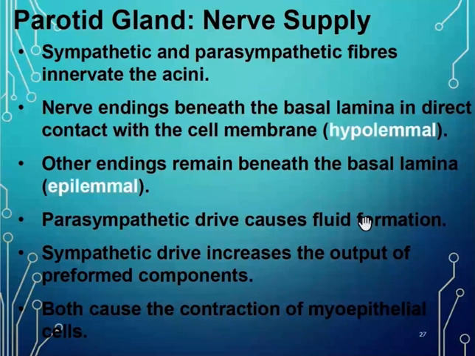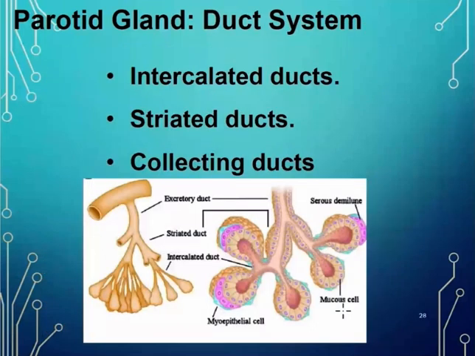Now, the duct system in the parotid gland is intercalated, striated, and collecting ducts, as we've said. The intercalated is the smallest and the most distal of the ducts, meaning away from the oral mucosa.